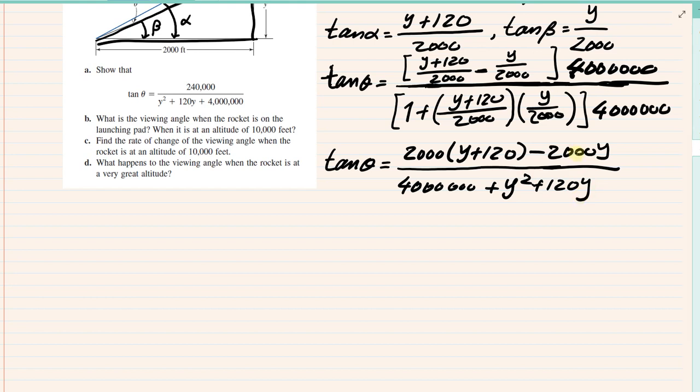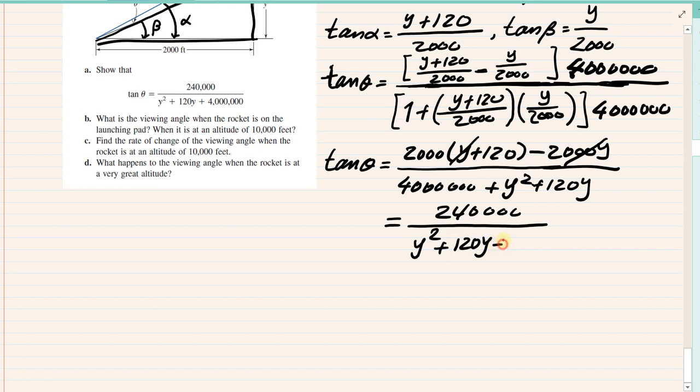And in the numerator, negative 2,000y and 2,000y cross out, and we have 2,000 times 120. That's going to be 240,000. And in the denominator, put them in descending powers of y. And we get the desired result. That's what we want to show, that tangent of theta is that expression right up here.